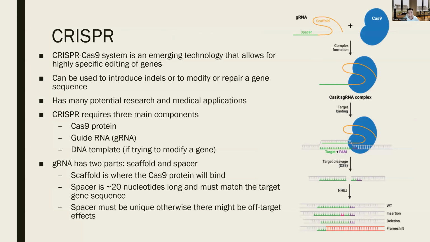So the CRISPR-Cas9 system is an emerging technology that allows for the highly specific editing of genes. The one thing that I want you to understand about what I have explained prior to this is that in many cases, these artificial genes that we're putting in are not carried as part of an organism's genome.